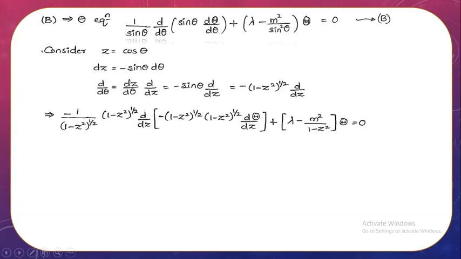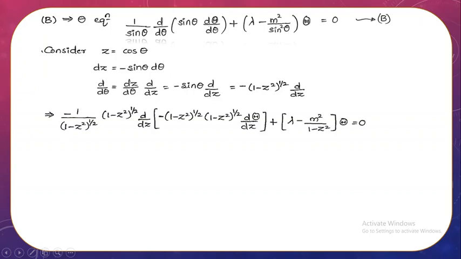We get 1 by sine theta, which is 1 divided by the square root of 1 minus z square, into d by d theta, which is minus of 1 minus z square raised to 1 by 2 into d by dz, then multiplied by sine theta. From this equation itself, sine theta is 1 minus z square raised to 1 by 2, multiplied by d by d theta of capital Theta.